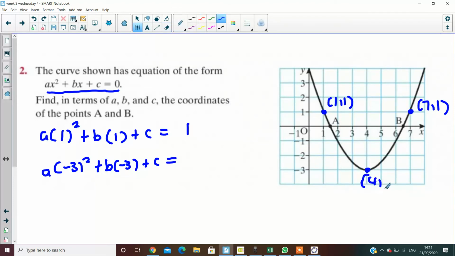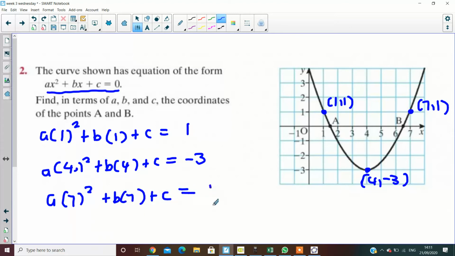When I replace the x with 4, what's the y value going to be? Okay. What type of system are you going to end up with? Simultaneous equations with 3, and you guys will know how to solve them, won't you? Is everybody okay for me to leave that now? I'm not finishing it off, because you guys should be able to take that to the finish line and find A, B, and C.